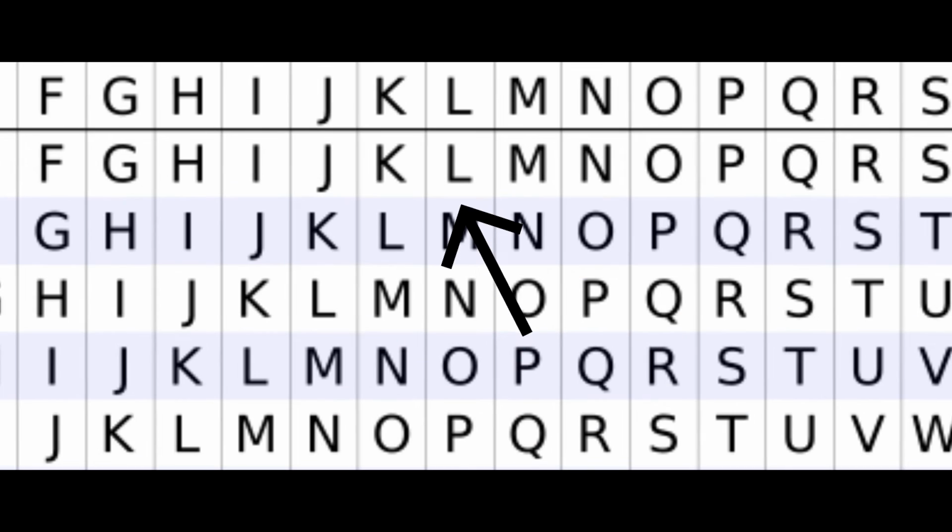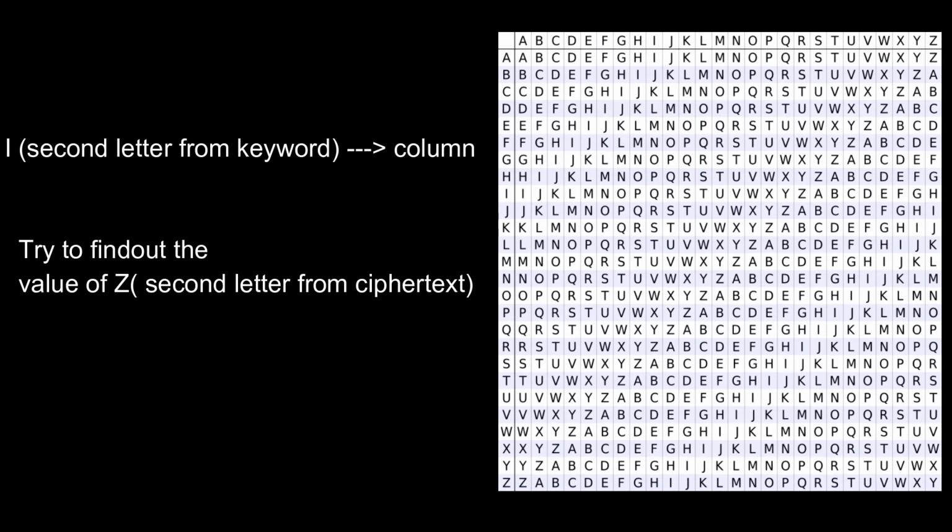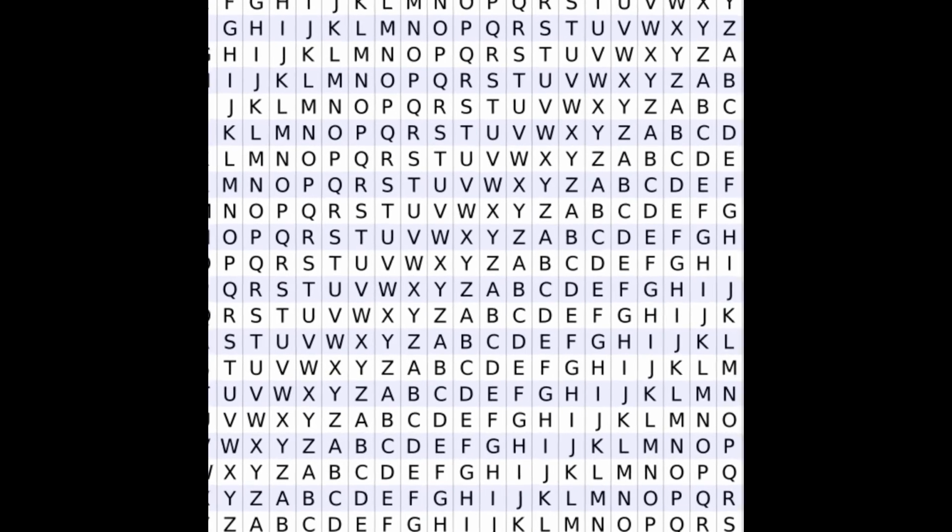The value L appears in the row A. So note down the A value. Next is the I column, and try to find the value of Z in the column. Here the value Z appears in the row R, so note down the R value.